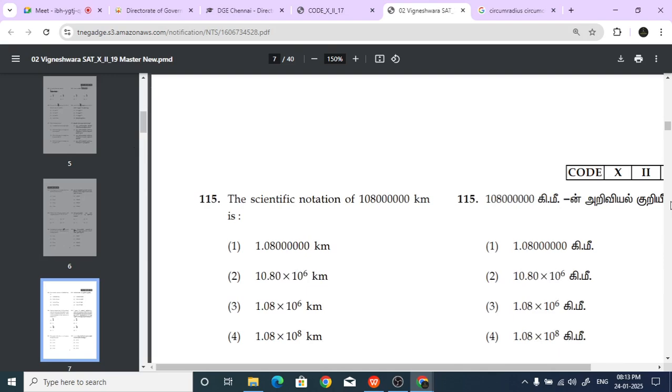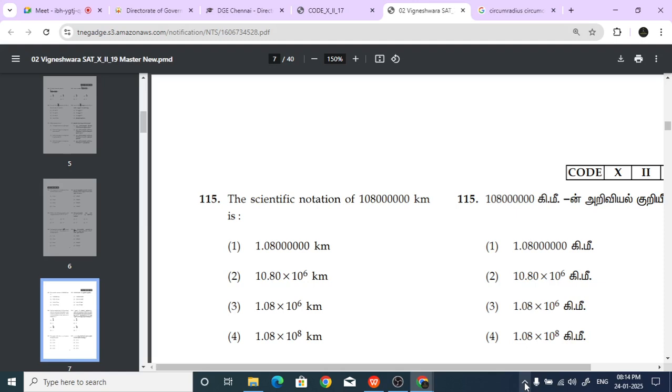Okay, 115. Can anybody read it and say the answer? The scientific notation of 108,000,000 kilometers.